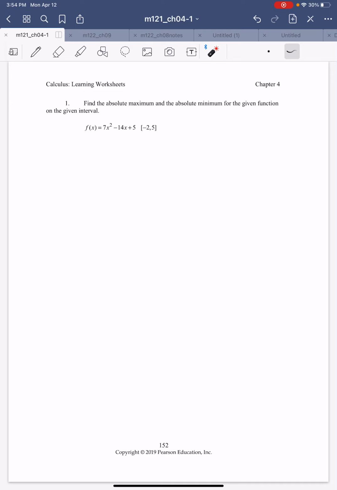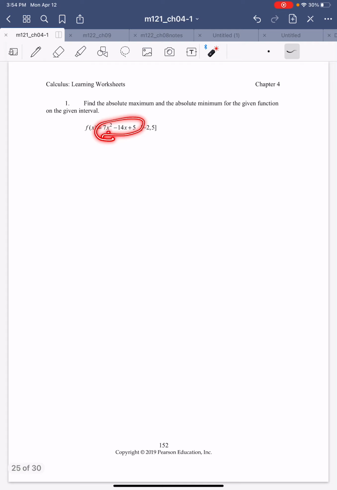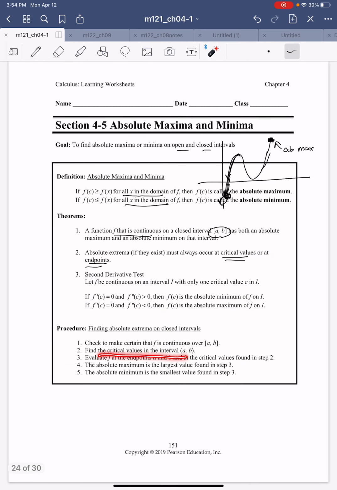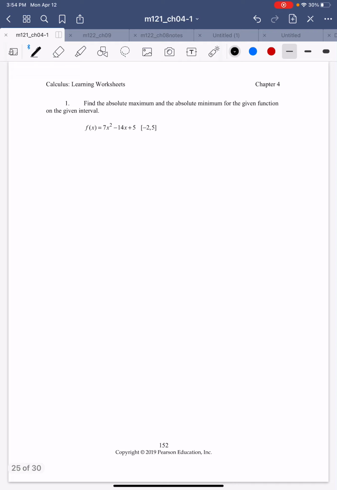First of all, we know that f is a continuous function because it's a parabola, so on the given interval, it is continuous. Now let's find the critical value. That means I take the first derivative and set it equal to 0. So critical value means f prime of x equals 0, and we solve for x.